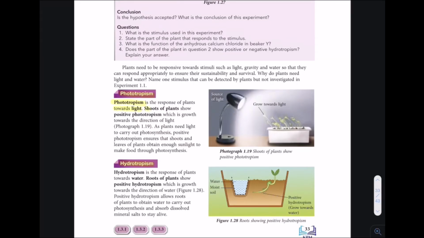The shoot of the plant grows towards the direction of light. This is known as positive phototropism. As we all know, plants need light to carry out photosynthesis. So positive phototropism ensures that the shoots and the leaves of plants obtain enough sunlight to make food through photosynthesis.